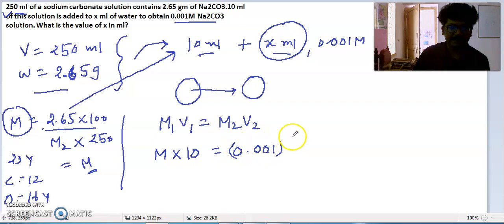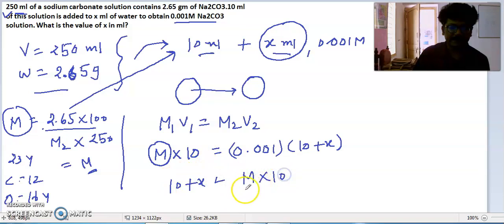But now, what must be the final volume? You have taken 10 plus x as the final volume. So when you put the value of the first molarity, you get 10 plus x is equal to the initial molarity multiplied by 10, divided by 0.001.